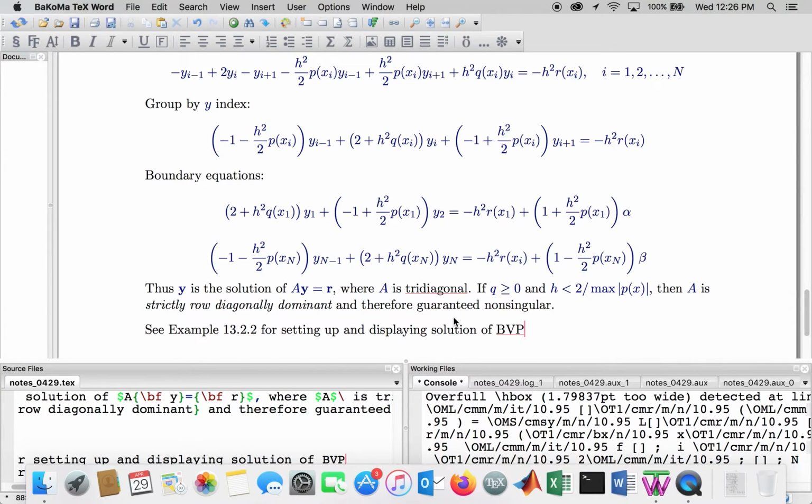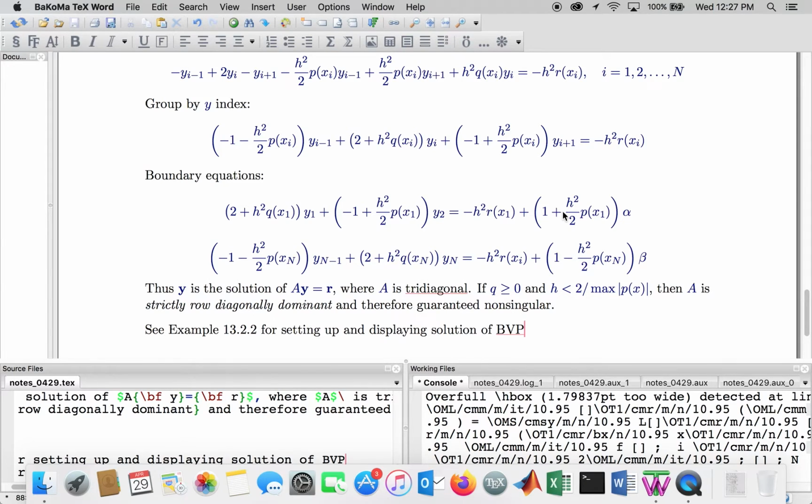So it will rely on code that needs to be written for the homework. And actually, I think, okay, yeah, code is written for the homework that sets up a system of equations and solves it to compute the solution of a boundary value problem. So you'd be populating a diagonal, subdiagonal, superdiagonal with entries according to these formulas.